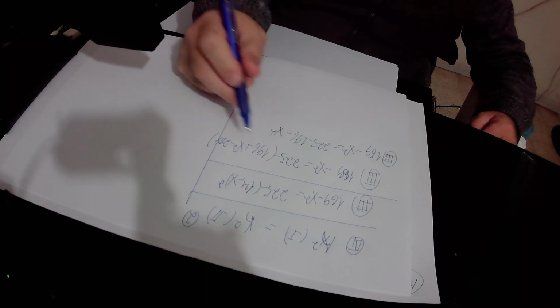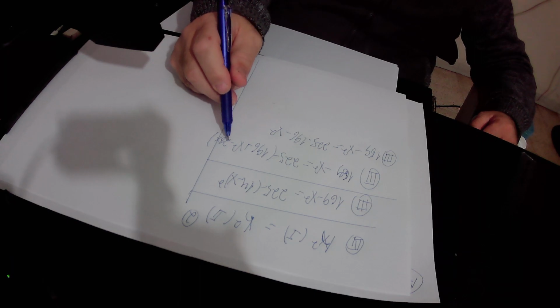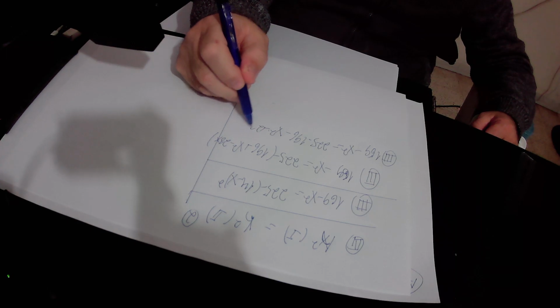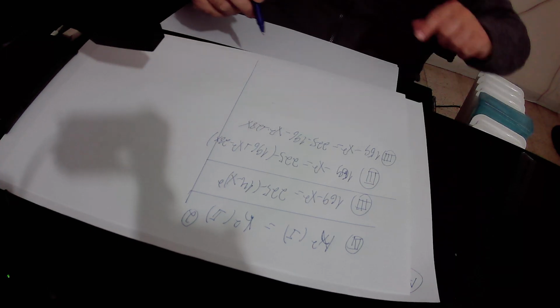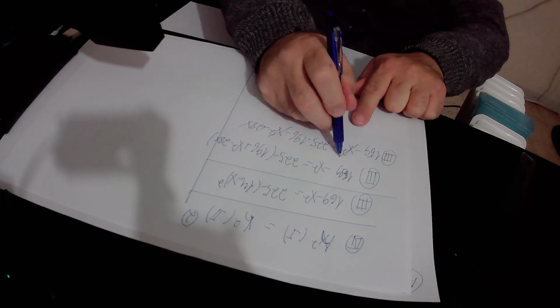And we have here minus times minus 28x, which equals plus 28x. So here we have minus x squared on both sides of the equation, so minus x squared will get cancelled.